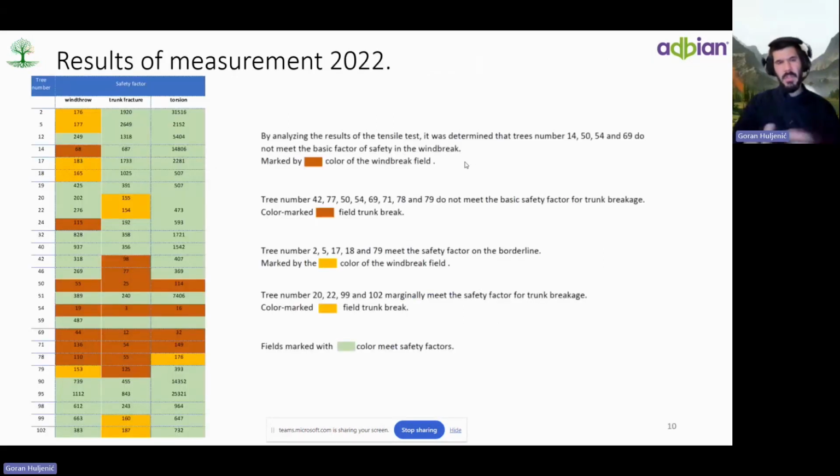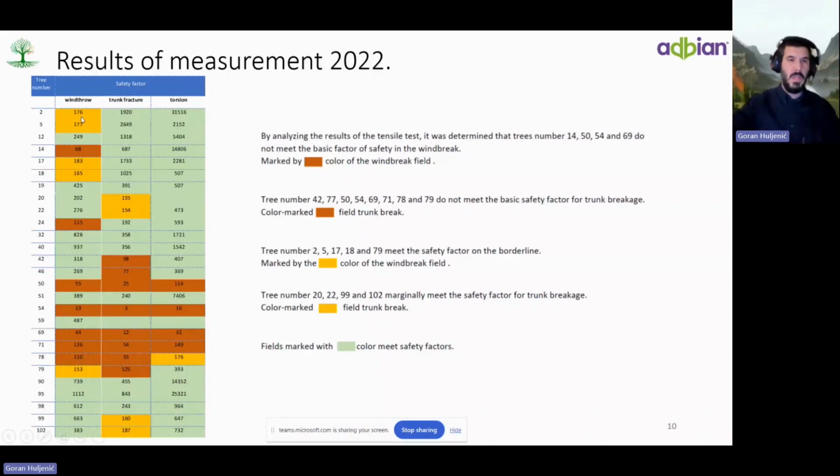So just to dive in a little into this project, this is a representation of the results we got from the measurements in November 2022 from the tensile or pulling test. You see there are three safety factors that we calculate from the pulling test.